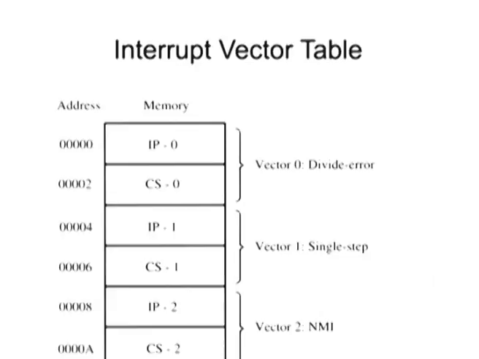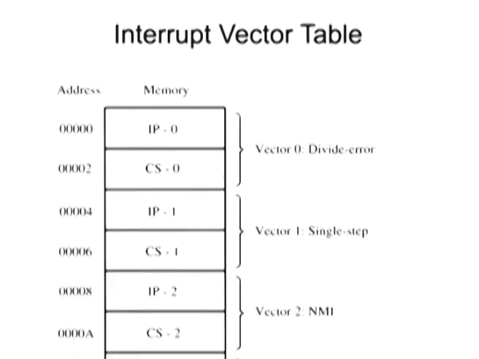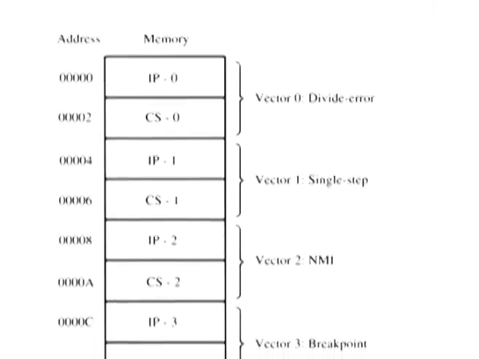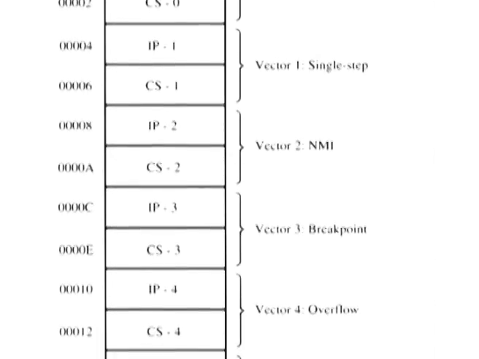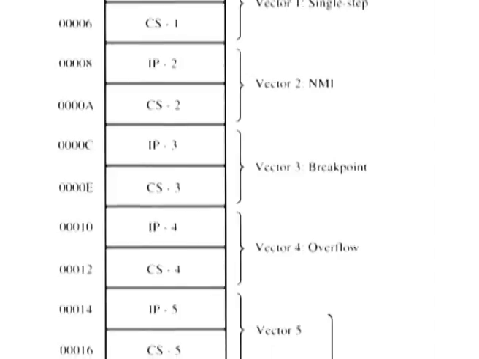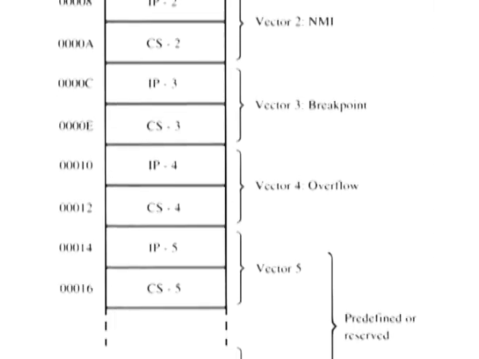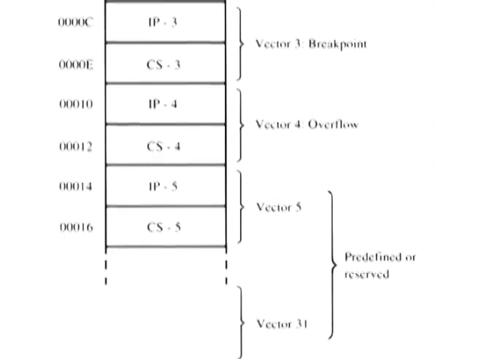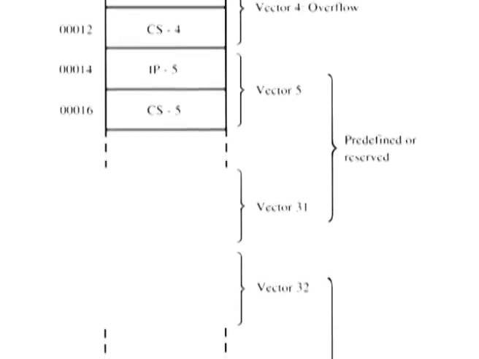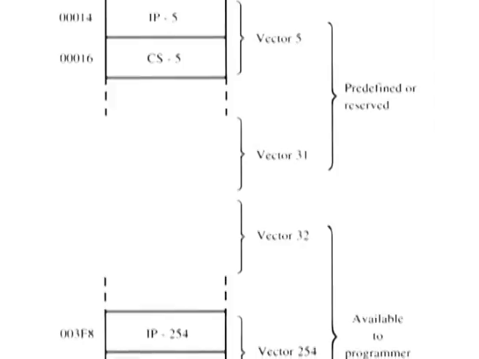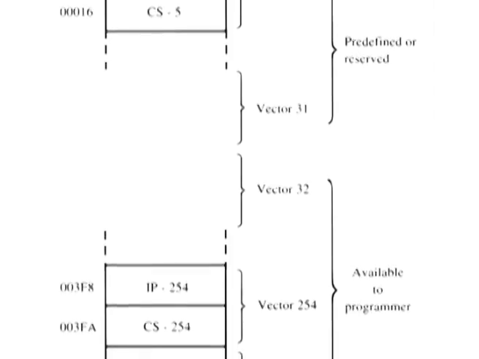In short, every pointer corresponds to 4-byte register pair. In the register pair, there are two registers. One is instruction pointer, which is called IP in short. Another register is code segment register called CS in short. These two registers are used for transfer of control to the corresponding subroutine in the microprocessor 8088.